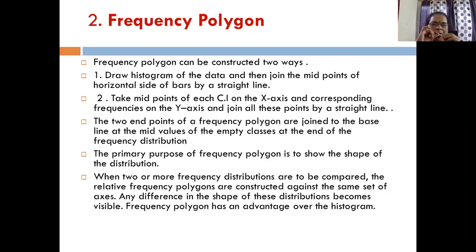We will explain how to draw it with an example, so that you can understand it very clearly. The two end points of a frequency polygon are joined to the baseline at the mid values of the empty classes at the end of the frequency distribution. So at the left side and right side, you have to join it in order to make it closed, because a polygon is a closed figure.